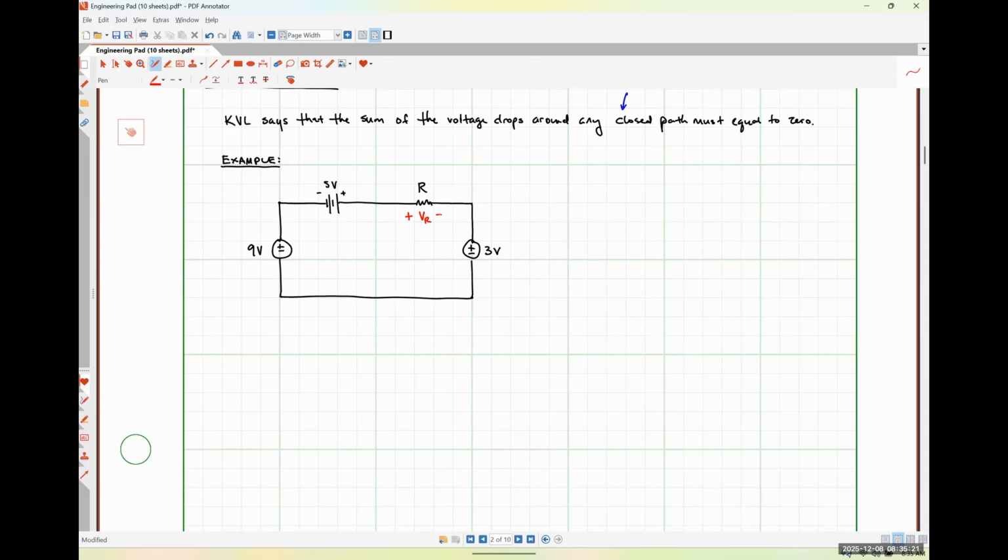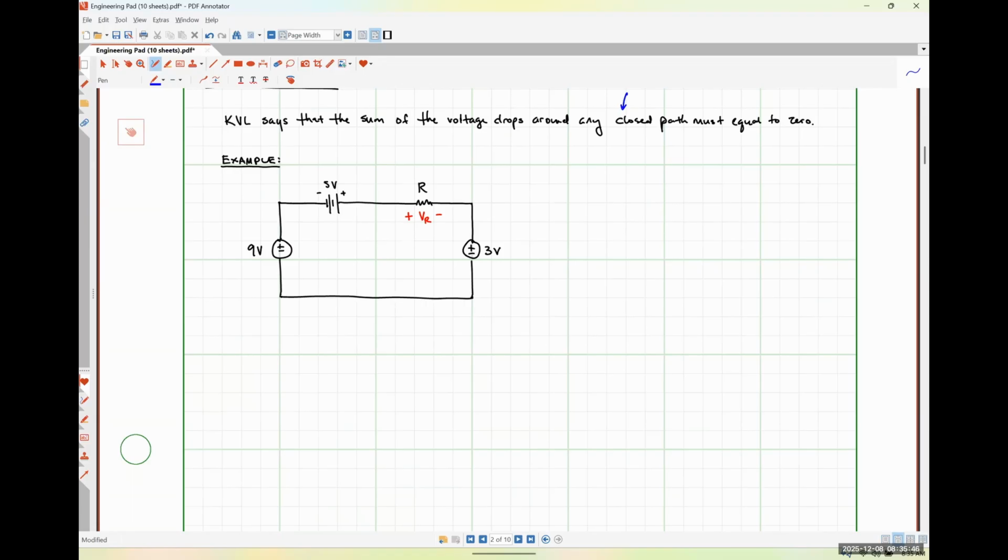When I apply Kirchhoff's voltage law, I tend to start defining my path in the bottom left-hand corner. And then I either go clockwise or counterclockwise. It doesn't really matter which direction. We're going to wind up doing both here in a moment, just to illustrate that we get the same result either way. So I'm going to start by doing KVL in a clockwise path.